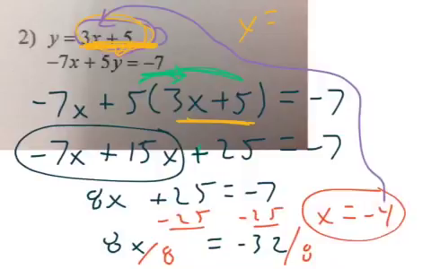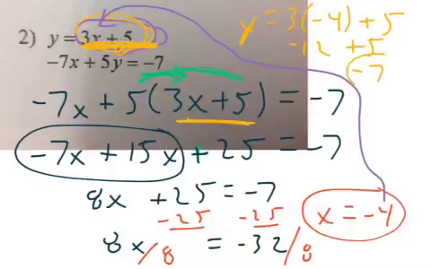We know y equals 3x, and x we now know is negative 4, plus 5. So doing the math, negative 12 plus 5 is simply negative 7. So my final solution is x negative 4, y negative 7, right?